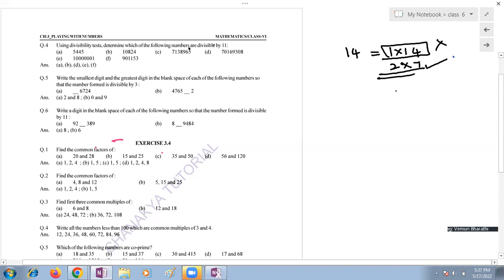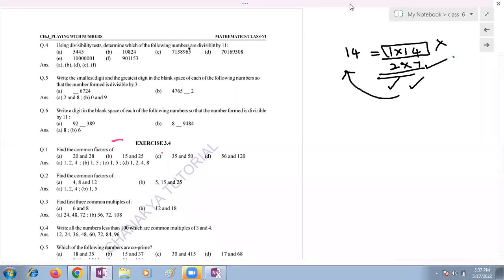If any number is divisible by 2, that rule is true, and the rule for 7 is true, then we can say that the number is also divisible by 14. Like that you need to check other divisibility rules also, children. The basic rules you know very well.